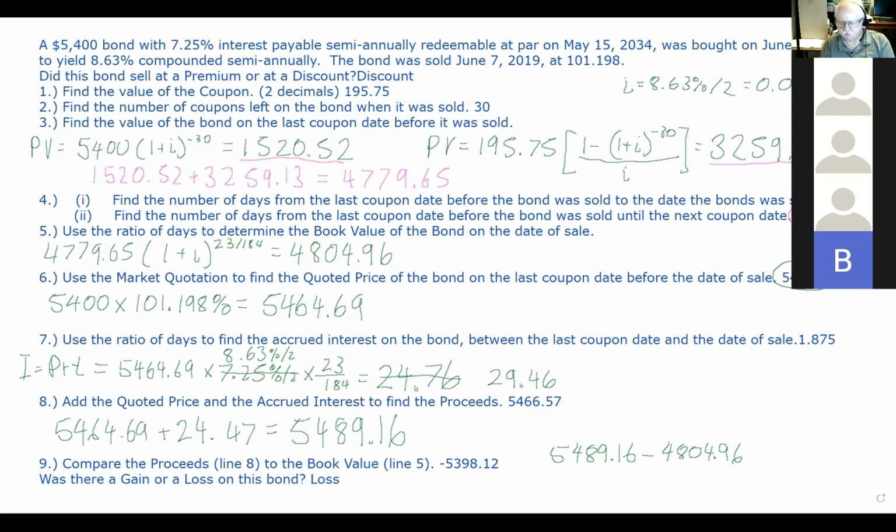And what do we get there? 5489.16 minus 4804.96. And we get 684.20, which would make Moodle happy. And this is a positive number, so this would be a gain here.